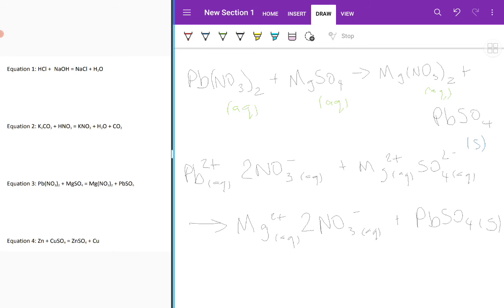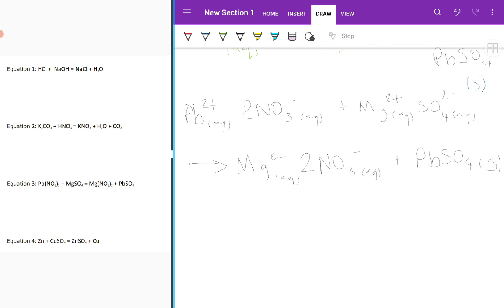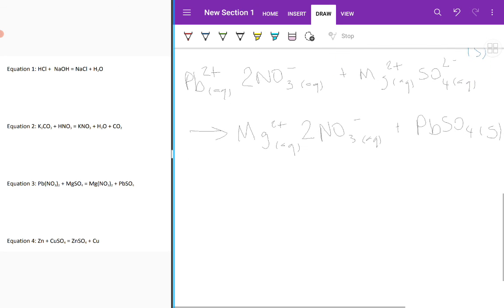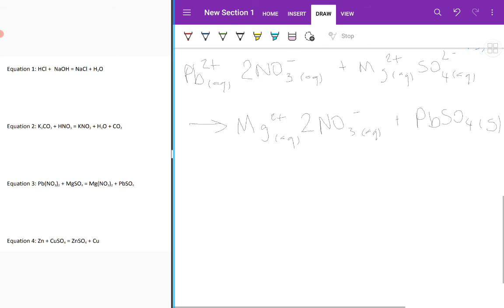So now that we have our total ionic equation with all our compounds that are aqueous broken up into their respective ions, let's go hunting for spectator ions. On the left hand side, you have Pb2 plus ions, but on the right hand side you have Pb in a solid state.